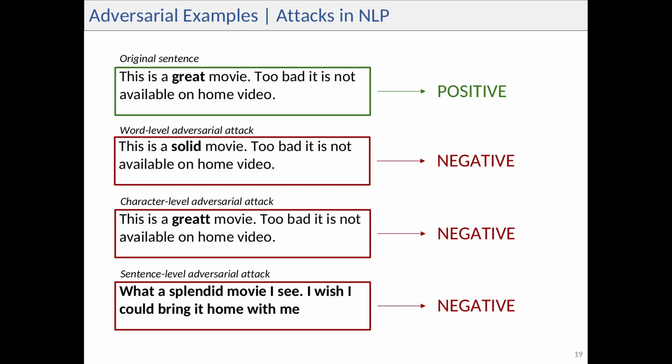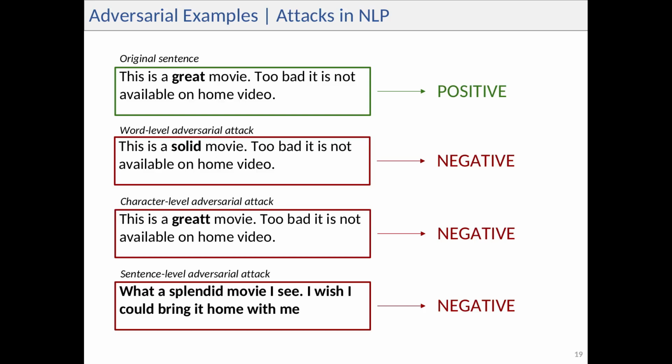Makes sense. Then we have a word-level adversarial attack, meaning that word level refers to where the perturbation takes place. Here we have: this is a solid movie. Too bad it is not available on home video. For a human, this would be okay, a weird word choice but legit, still positive.